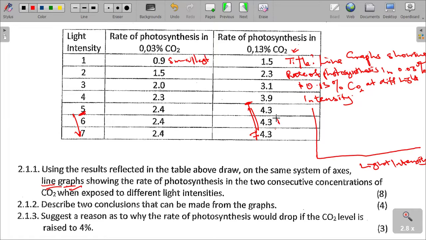Rate of photosynthesis on the vertical axis.